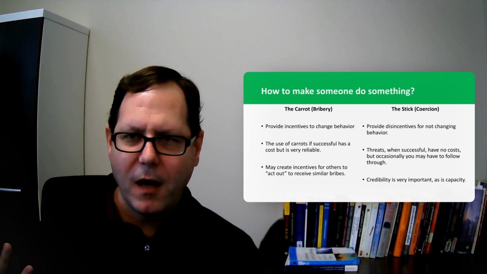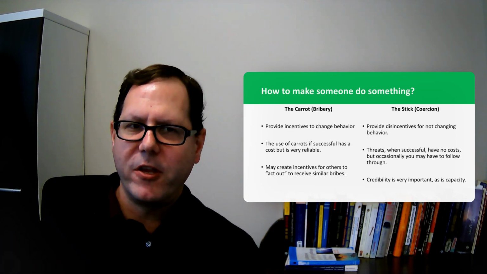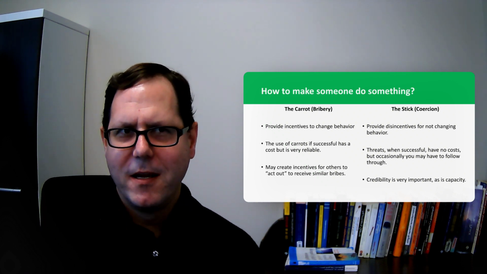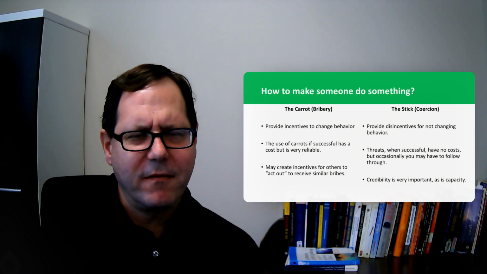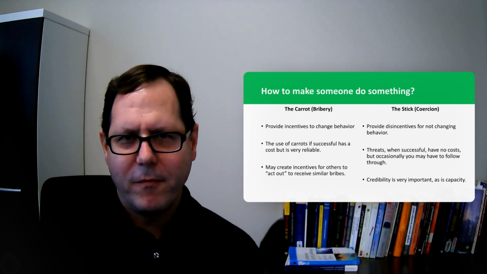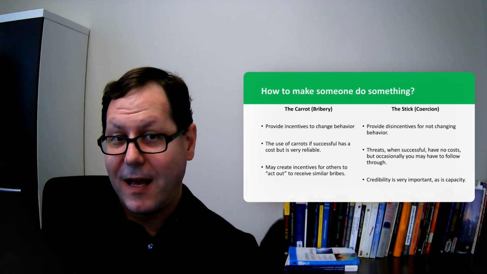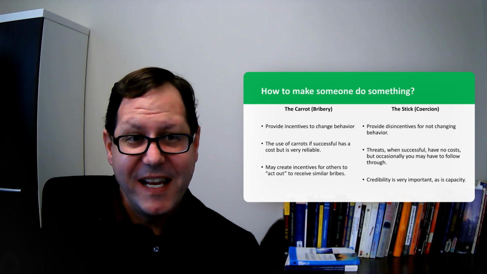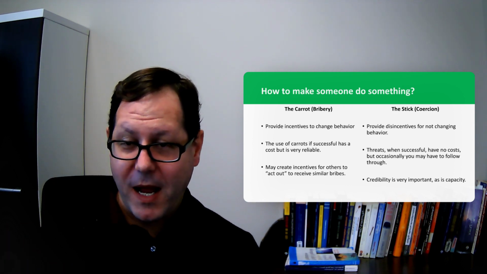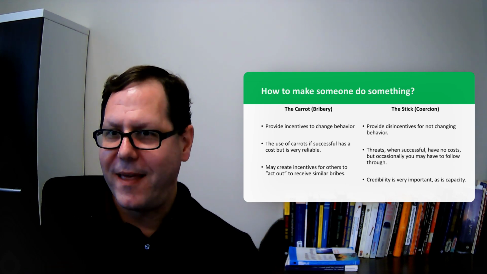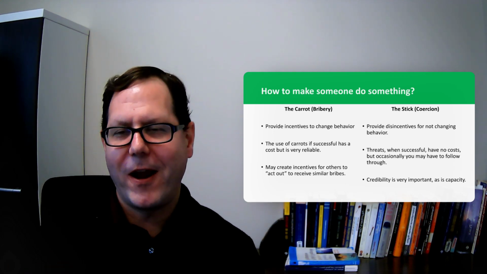It's going to become undesirable. And you may discover that you actually prefer the behavior that I'm trying to incentivize, because I'm disincentivizing the behavior you prefer. One of the nice things about using the stick or coercion is that it's oftentimes preempted by a threat. And if that threat is successful, then you don't have to do anything, right? You essentially get something for free, right?